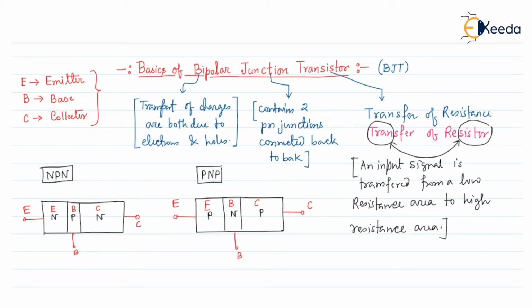Now, what is the significance of the emitter, the base, and the collector? Let us see the significance of each terminal. First the emitter.